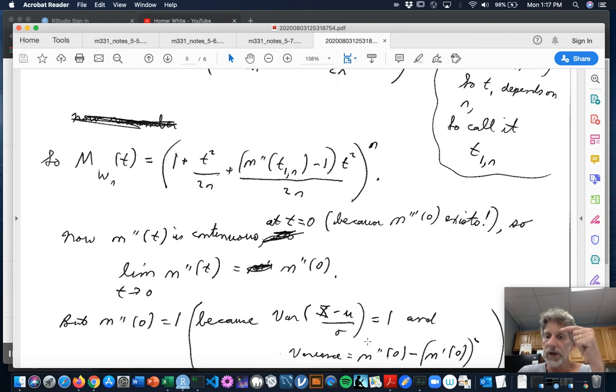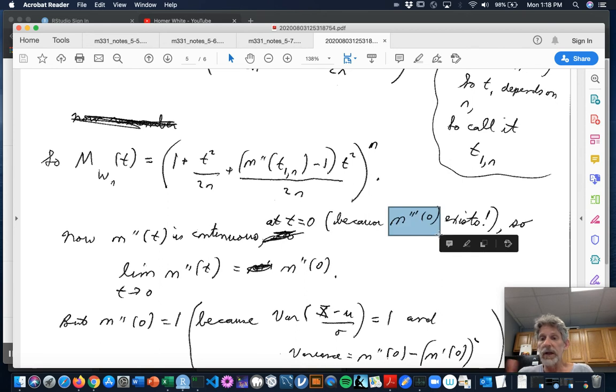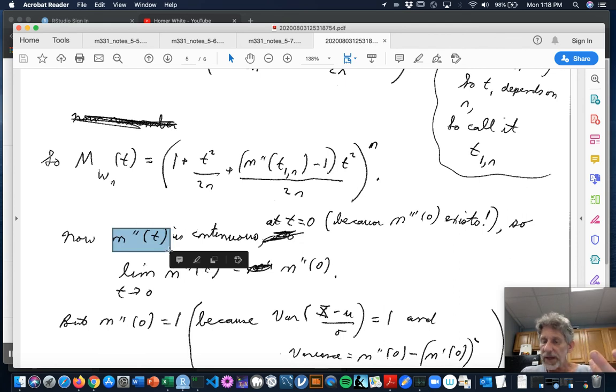And moment generating functions have got to be infinitely differentiable. We were taking their derivatives when we first met them, and there was no stopping. It was always defined. So that means the third derivative of m exists, and the third derivative at 0 would therefore exist as well. Therefore, the second derivative would be continuous at 0.